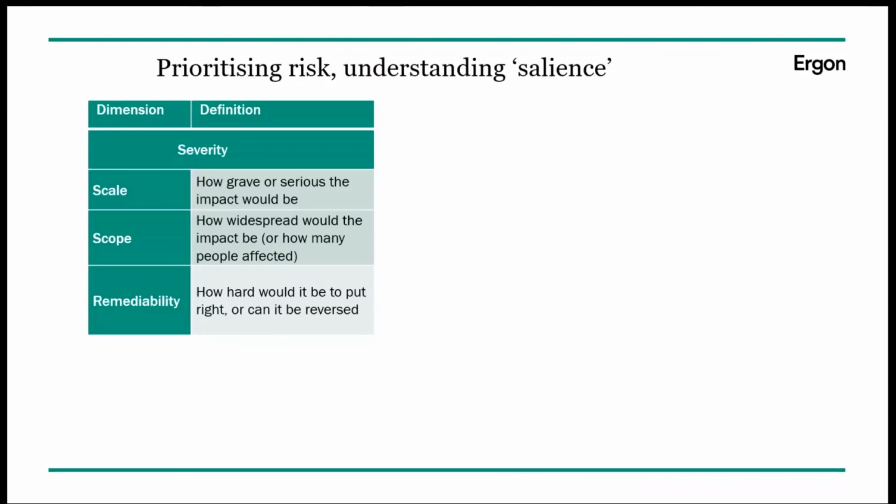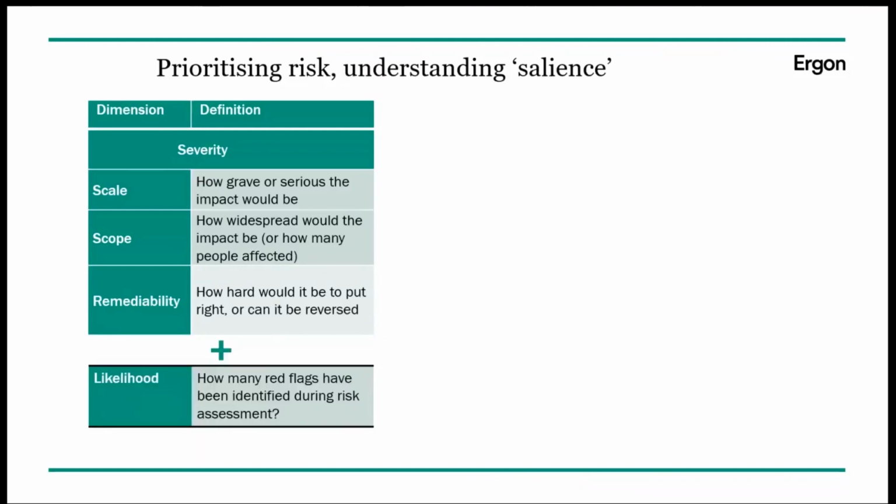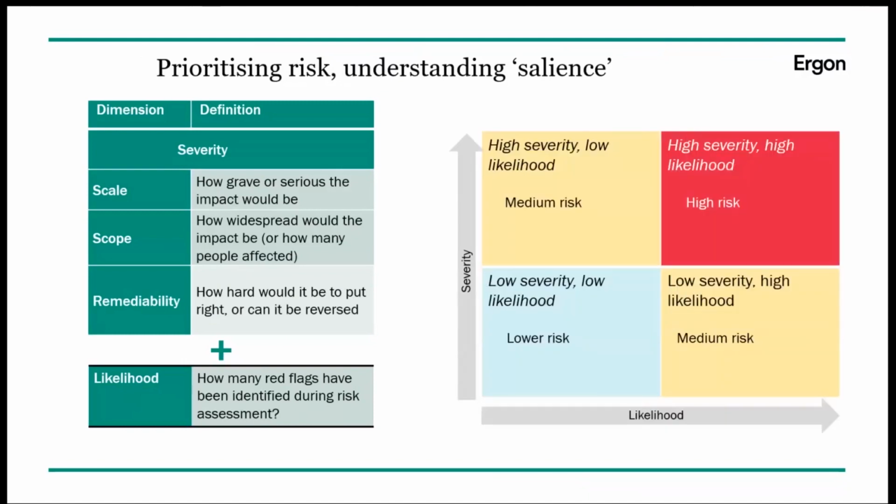And the other factor is likelihood. So again, coming back to probability, how many reports of this particular issue, how many other suppliers have found this particular issue can inform a view on probability. You can end up with this kind of matrix of severity on one axis, likelihood on the other.